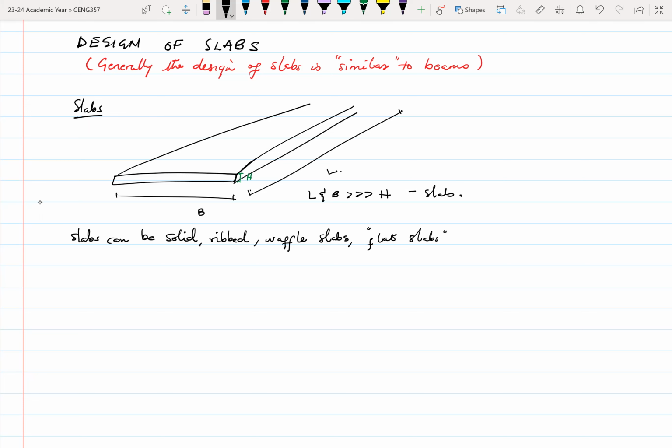A typical solid slab would look this way. So you have a slab. Then you also have your beams.